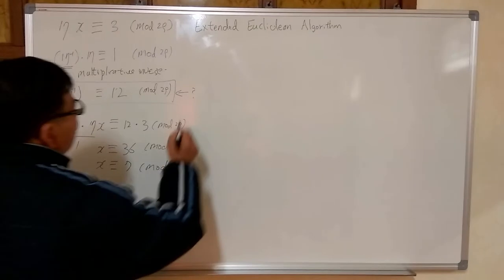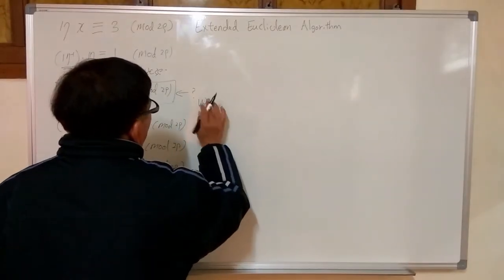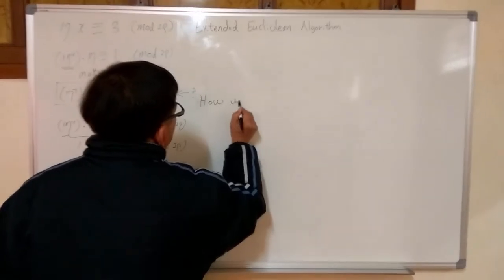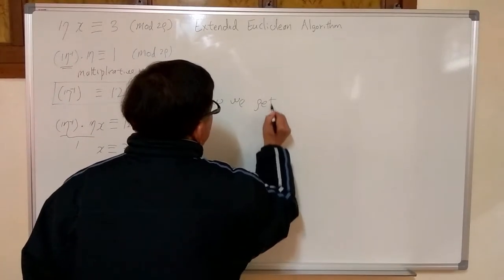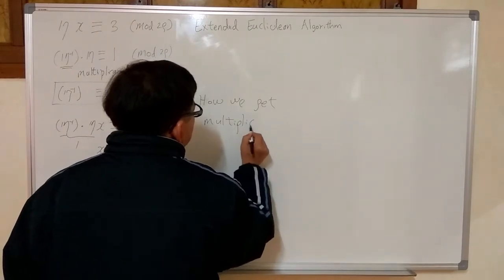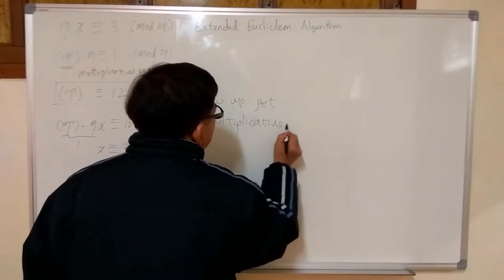How are we going to get the multiplicative inverse?